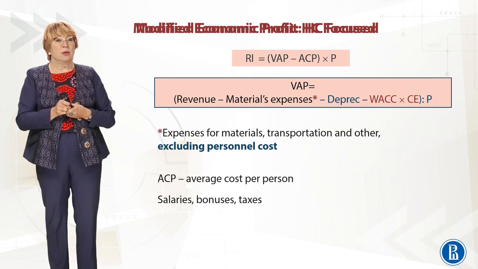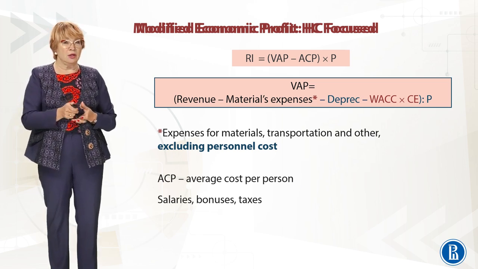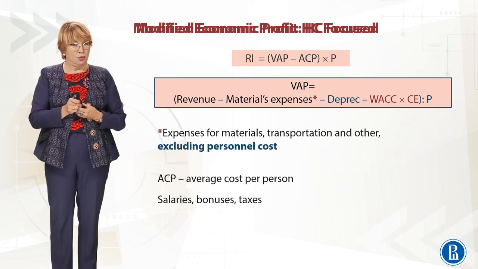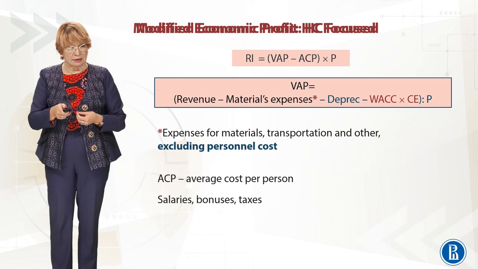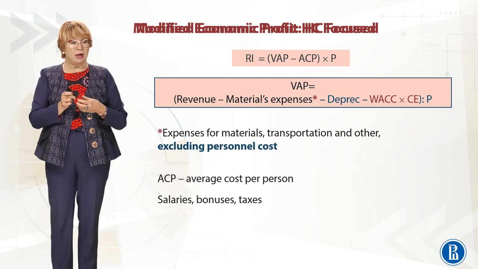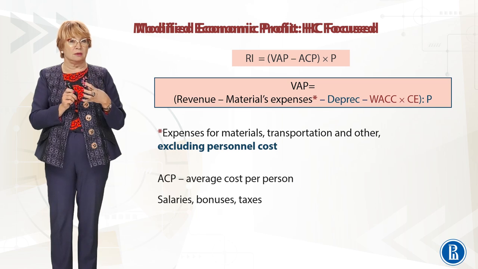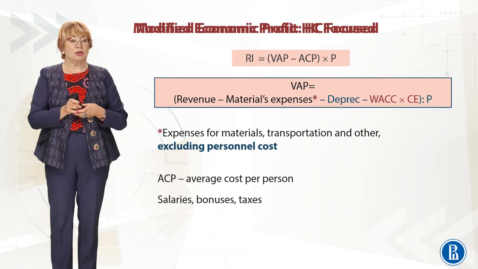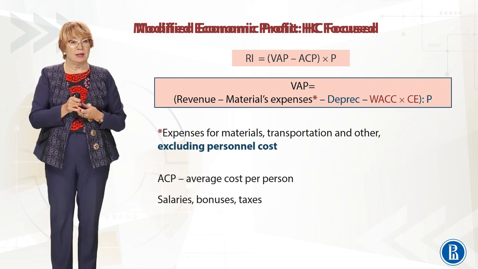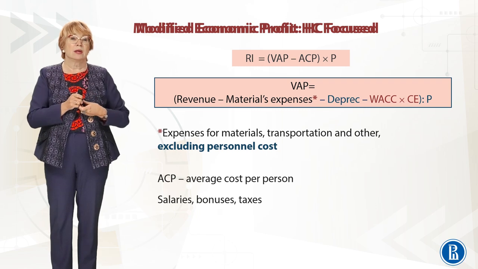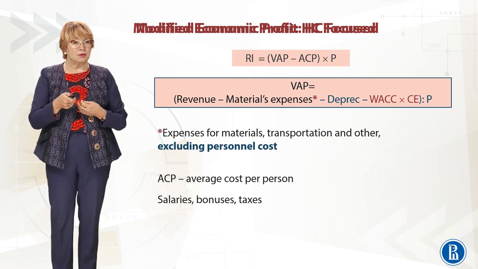Then, of course, we need to compare value added per person with the average cost per person. And this is the second approach to analyze the economic spread. So we have our focus on the economic spread twice, because in the first computation we get value added per person, and then we are comparing value added per person, which already includes the capital charge, with the average cost per person.